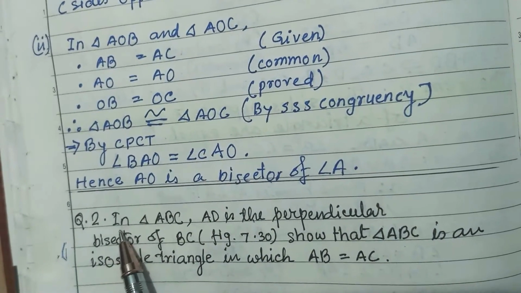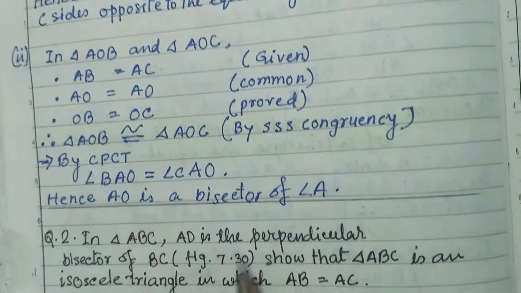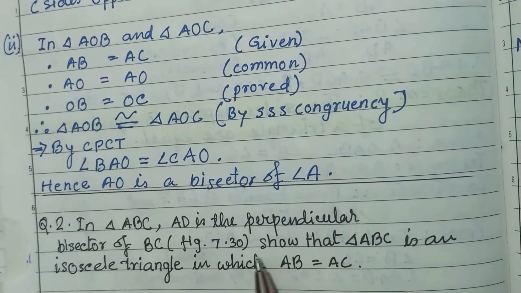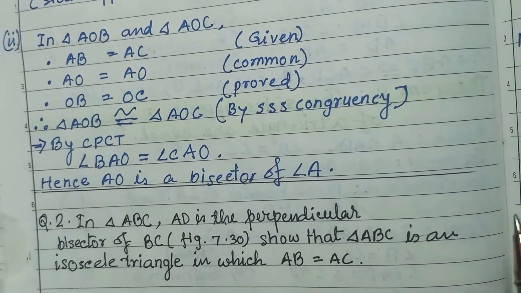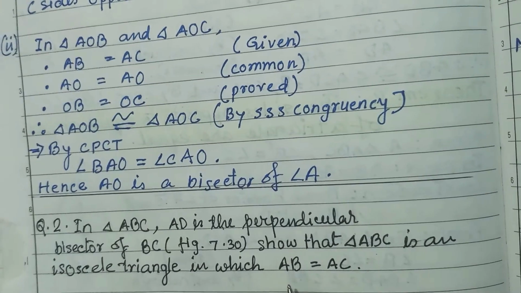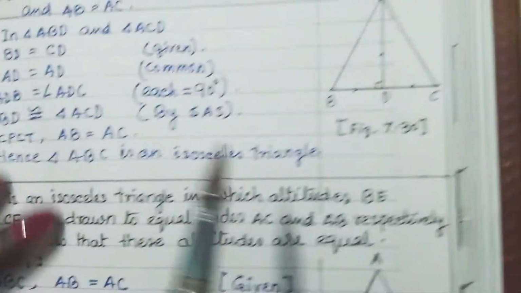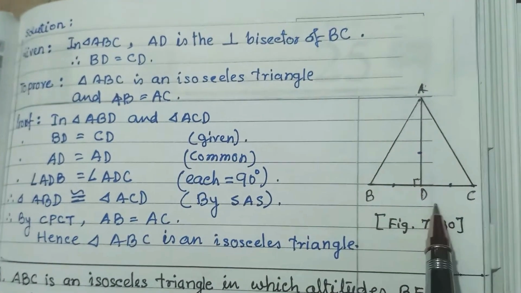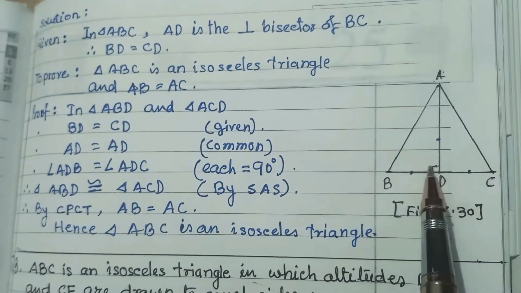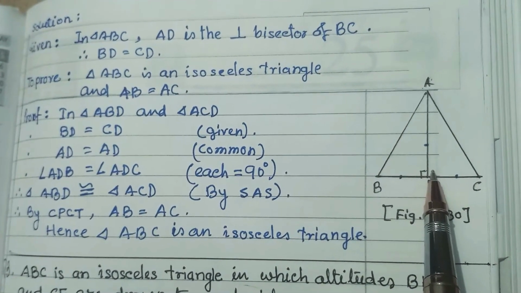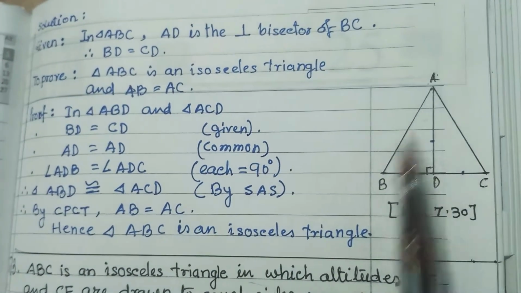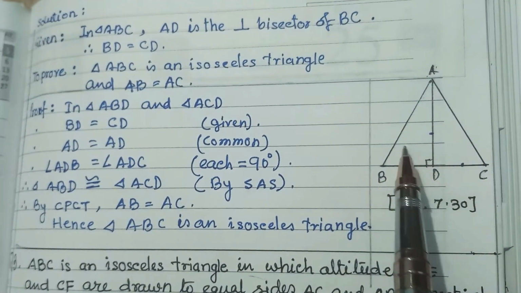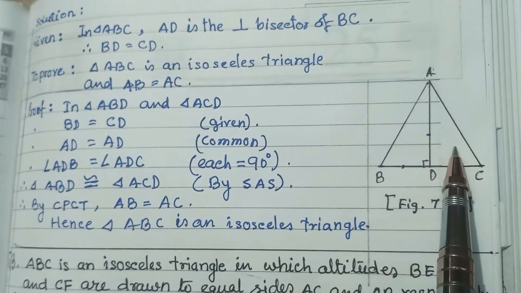Next, in triangle ABC, AD is the perpendicular bisector of BC. Show that ABC is an isosceles triangle in which AB is equal to AC. Perpendicular means 90 degrees. To prove ABC is isosceles, we have to prove AB equals AC. For that, take these two triangles.